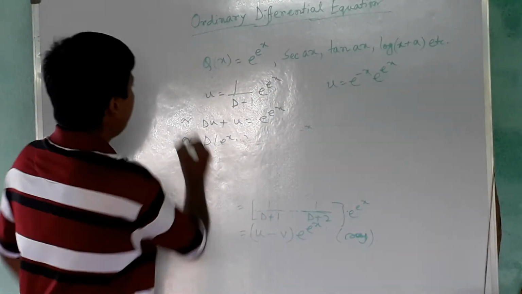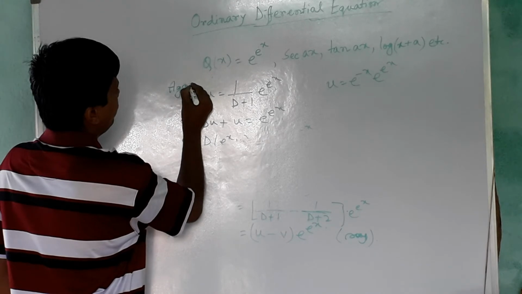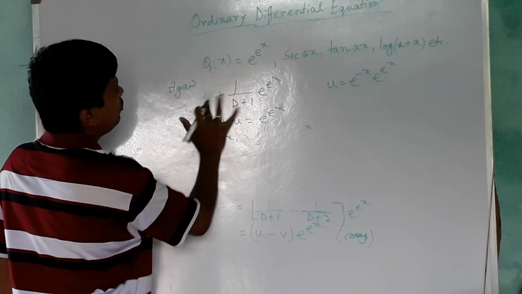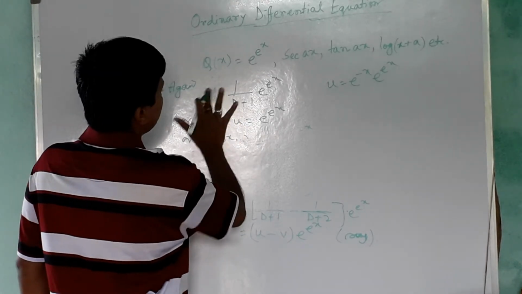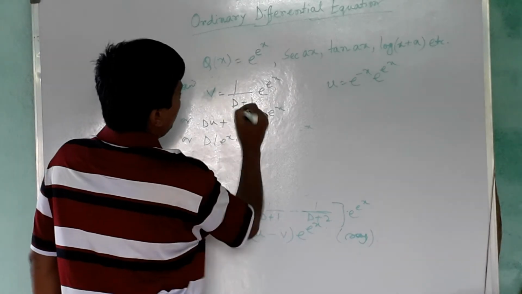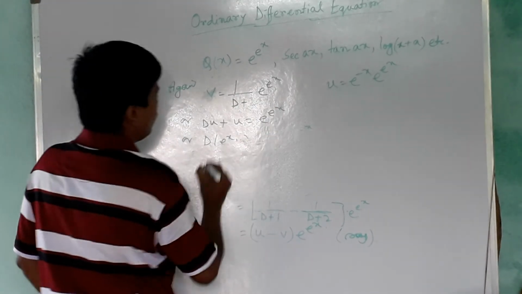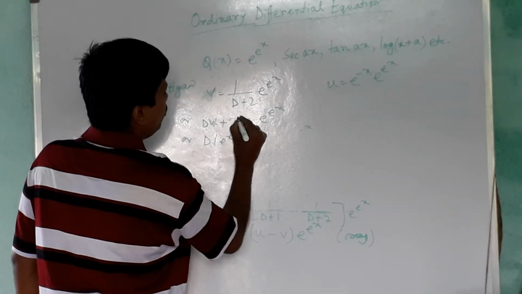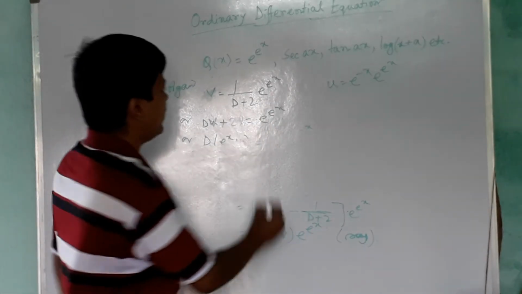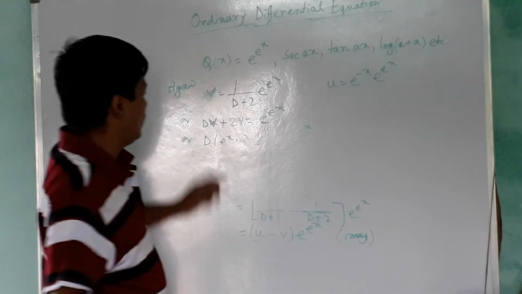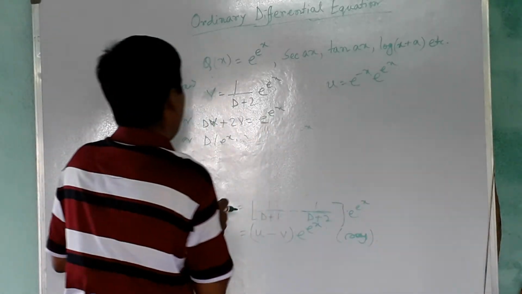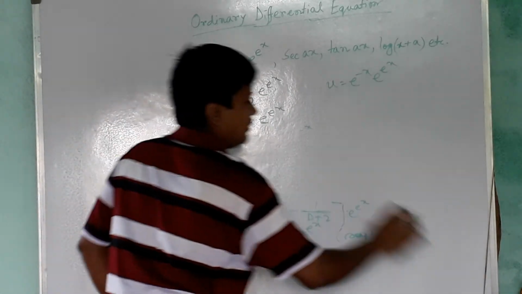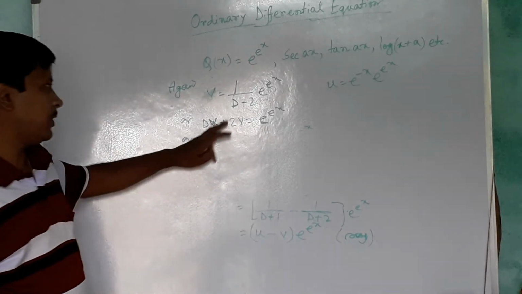Similarly, again v is equal to 1 by (D plus 2) of e to the power x. So dv plus 2v is equal to e to the power x. Its integrating factor is e to the power 2x.